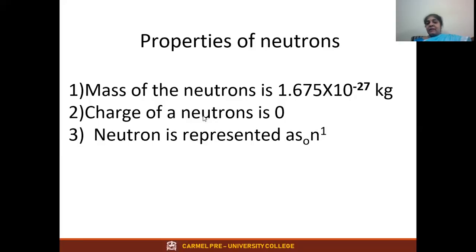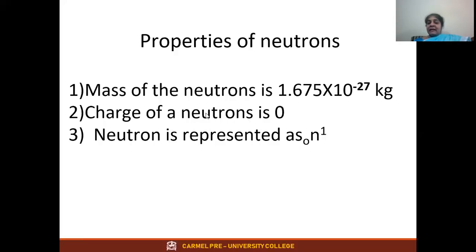As n with superscript 1 and subscript 0. So we studied mass, charge and representation, the same three points as for protons and electrons.